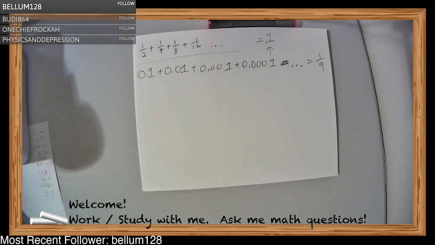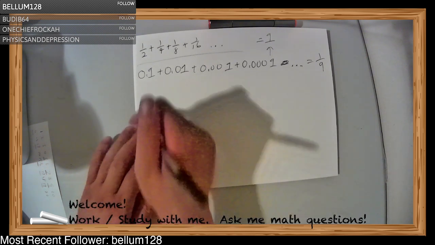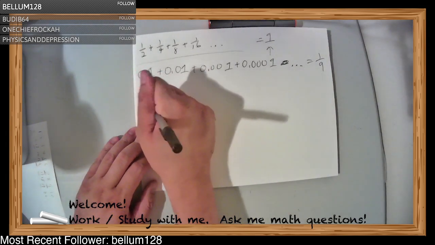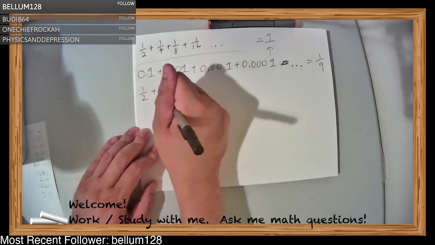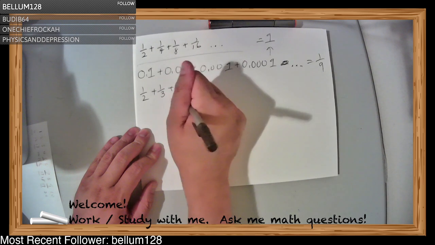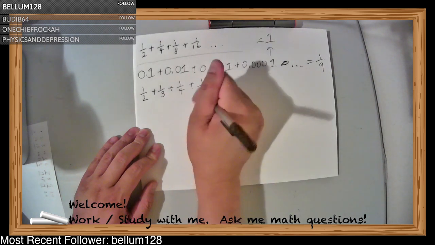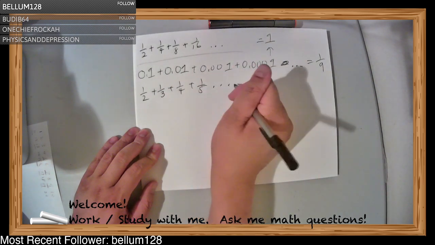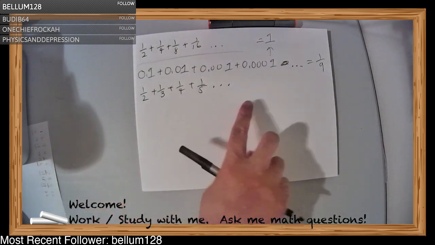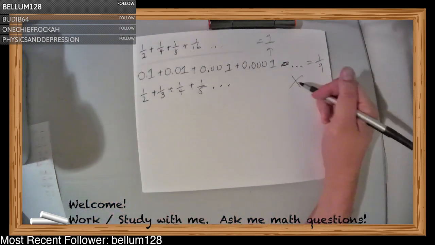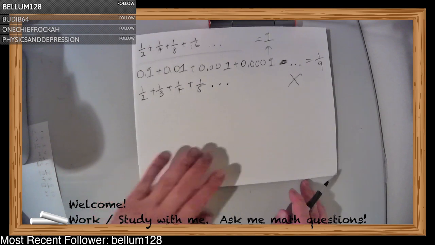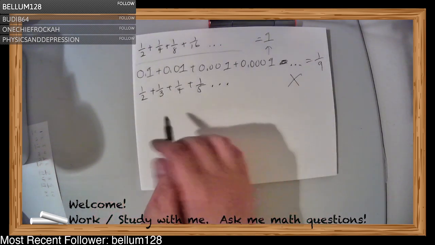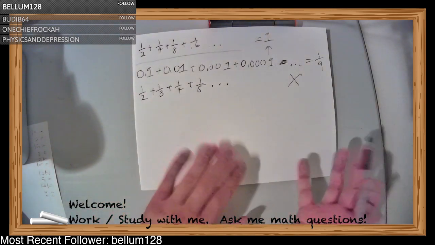All right, so the next one. It's called the harmonic series. Again, these are all infinite series. This series doesn't converge. It doesn't get you an answer. Don't pass go. Don't collect 200. Collect infinity if you want to, but not 200.